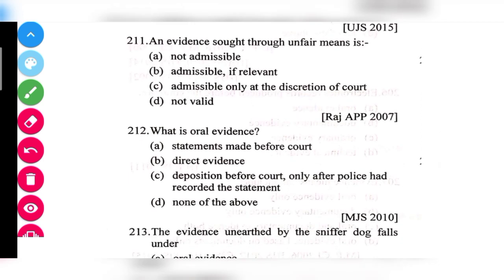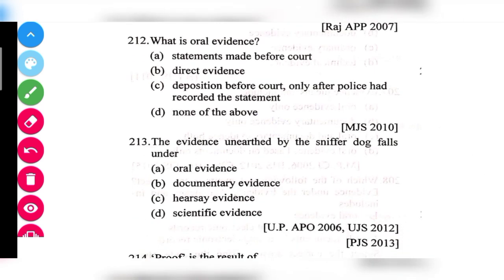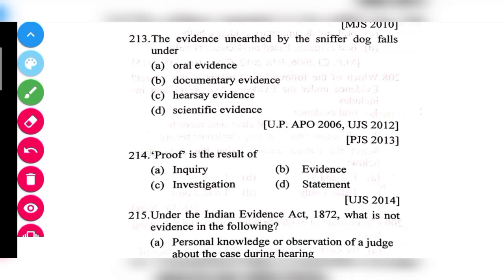211. An evidence sought through unfair means is. Answer is B. 212. What is oral evidence? Answer is A. 213. The evidence unearthed by the sniffer dog falls under.